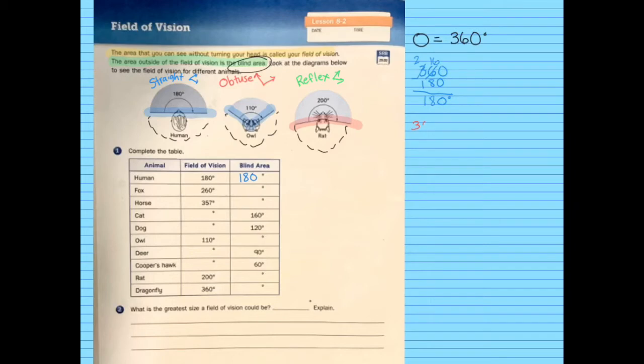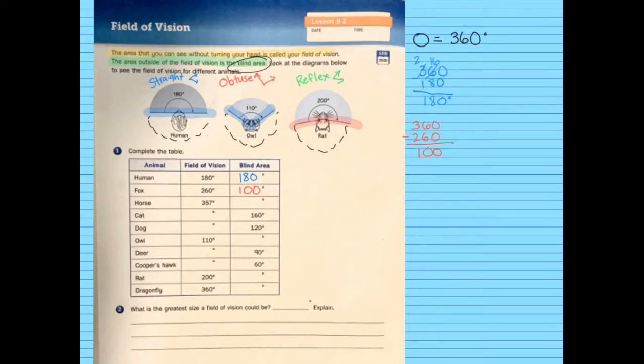So 360, I'm putting my big number on top, minus 260. Okay, can't take 0 minus 0, 0. 6 minus 6 is 0, and 3 minus 2 is 1. You are left with 100 degrees in the blind area for a fox.